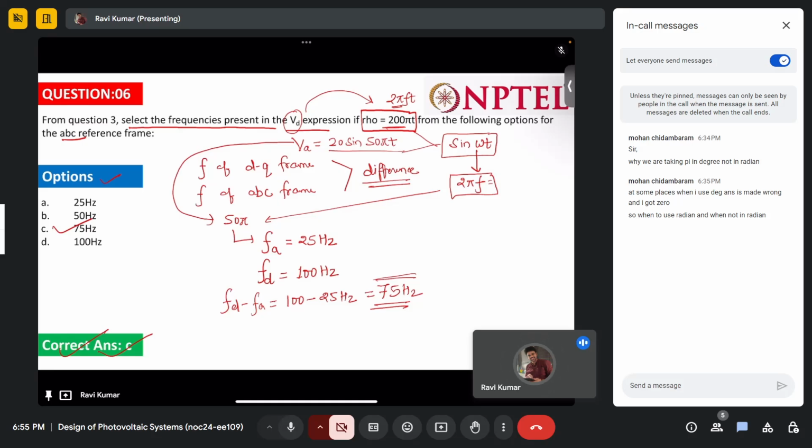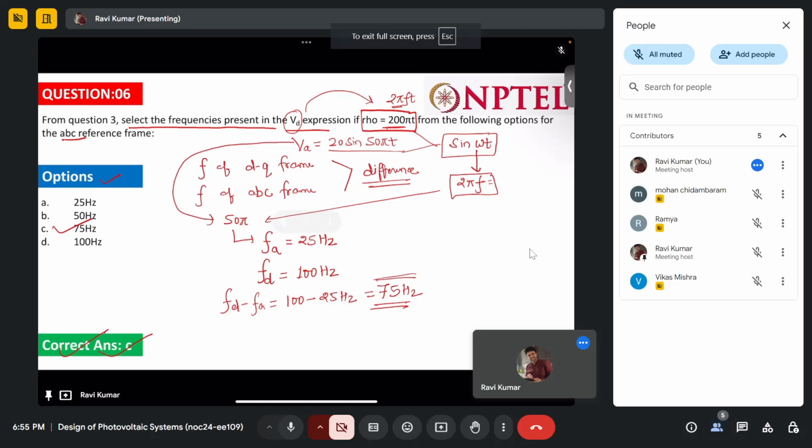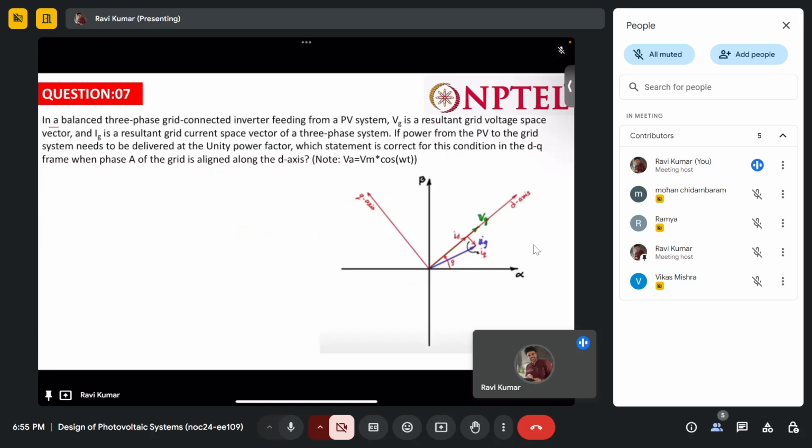Now let's move to the next question. This question says, in a balanced three-phase grid connected inverter feeding from a PV system, VG is the resultant grid voltage, IG is the resultant grid current, space vector of a three-phase system.